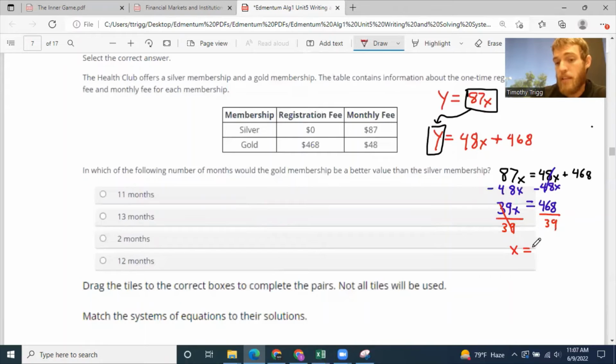Well, at 12, this gives us 12 here, which tells us that they would be the same value after 12 months. Okay, it'd be the same value after 12 months. So when would the gold membership be better? Well, if you're going to stick around for 13 months or more, then you would save money by choosing the gold membership.